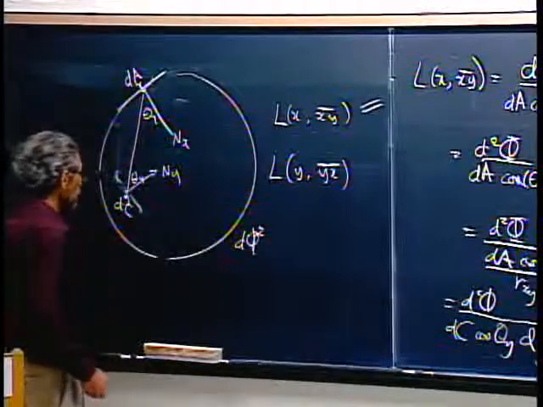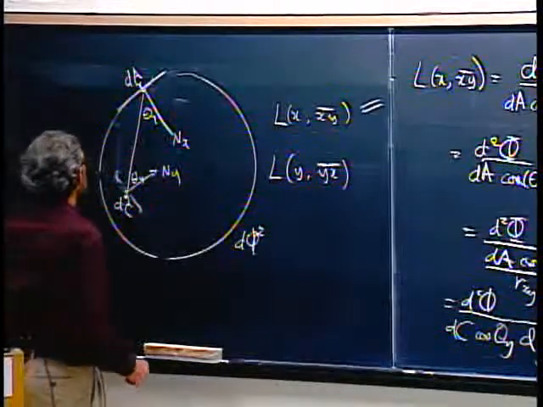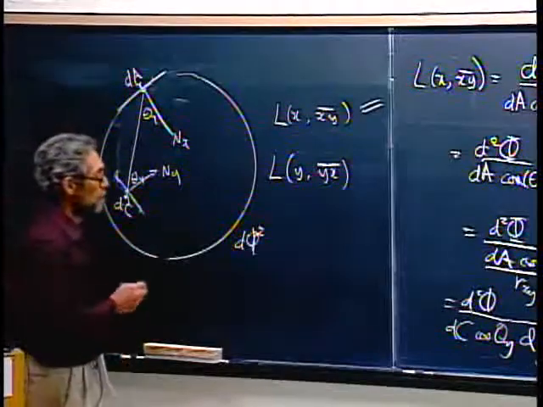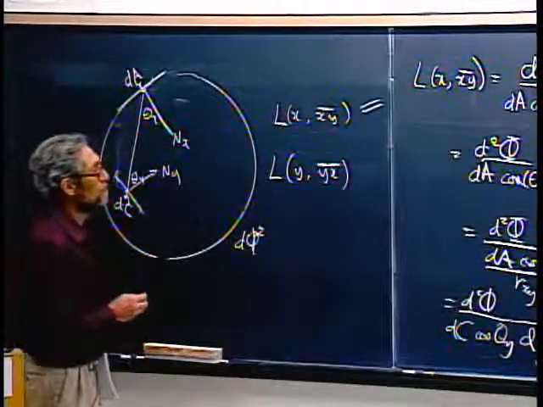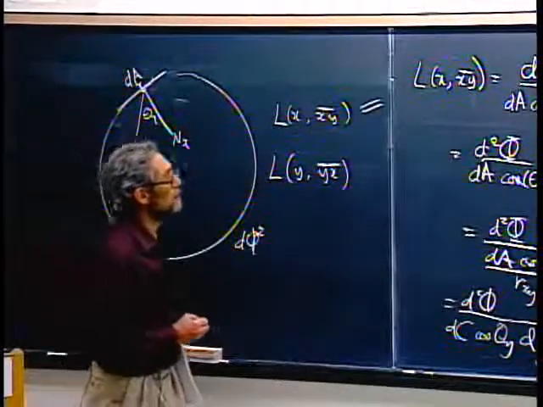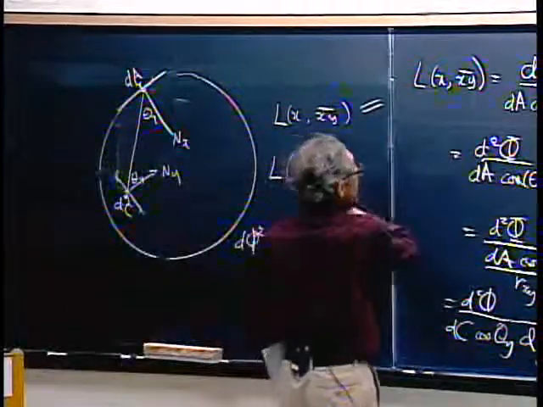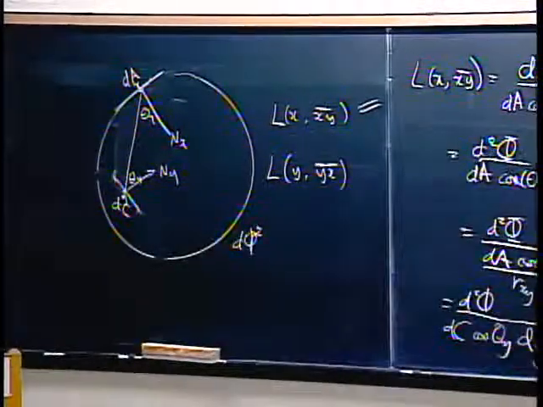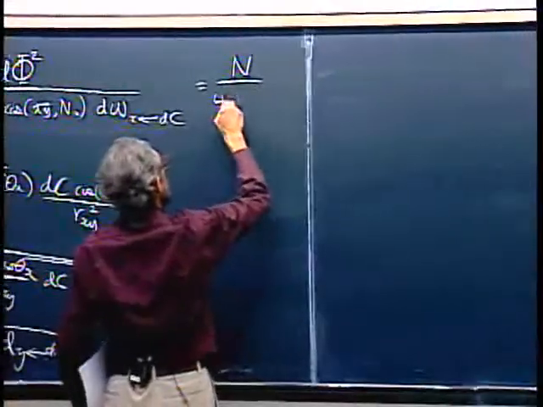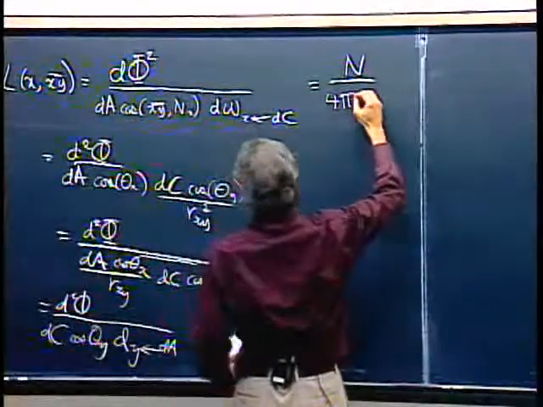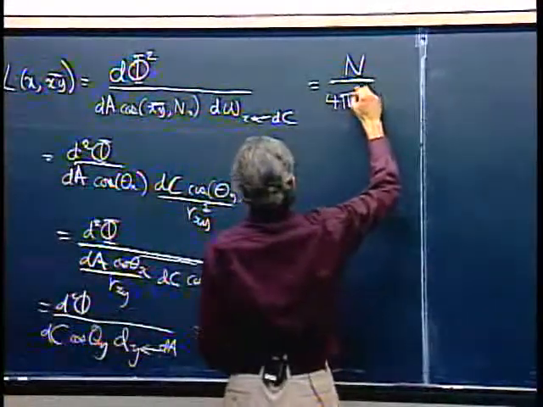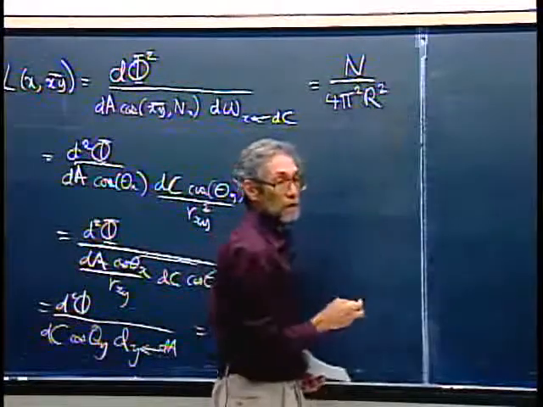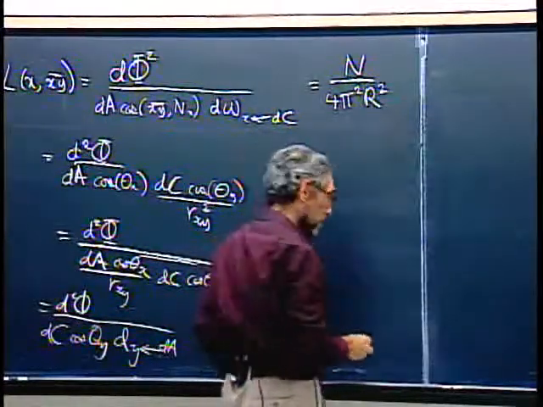Okay, so now I want to go farther. I want to actually figure out what that is. And we know that this one was something I computed last time. It was n over 4 pi squared r squared. I think that's what I got. Does that look right, what I got at the end of last period?